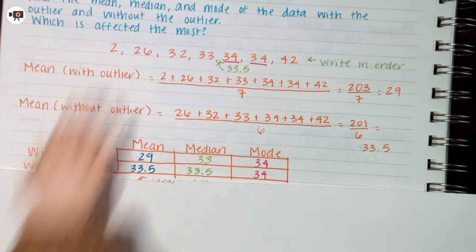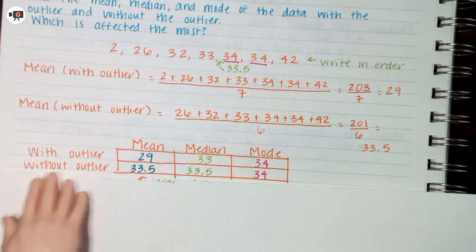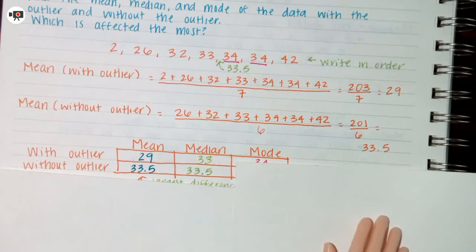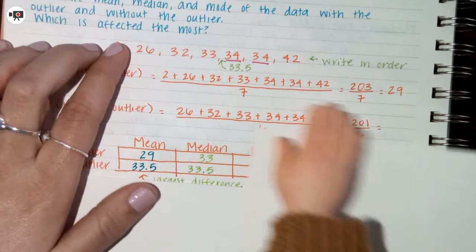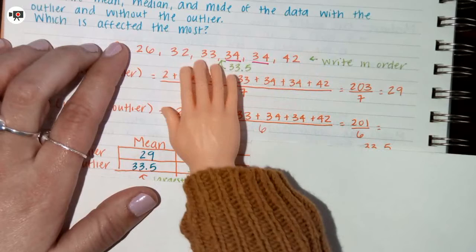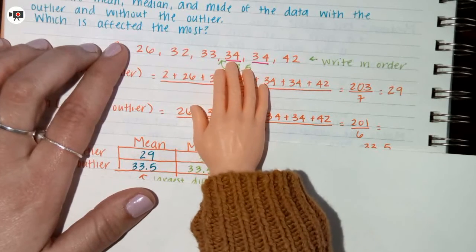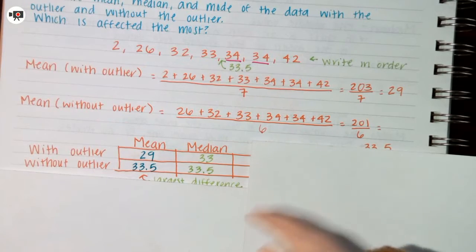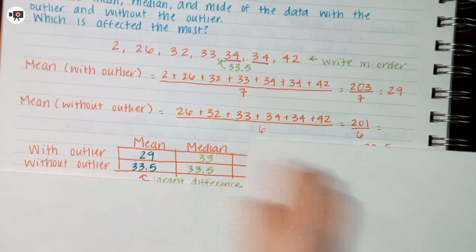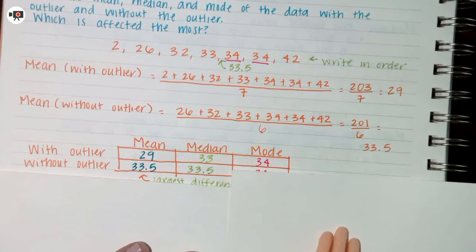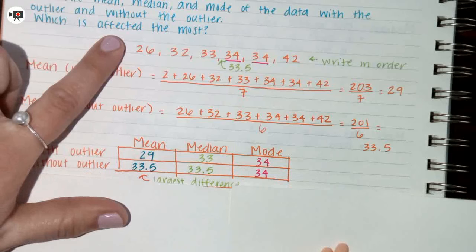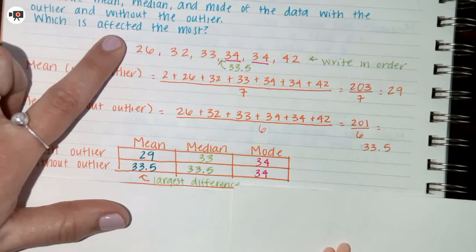Yes, with the outlier. The median without the outlier, if I don't have this 2, then I have in between 33 and 34. So if I average those, or find the middle of that, it's 33.5. And then the mode with the outlier is 34. If I take out the 2, 34 is still the number that occurs most often.